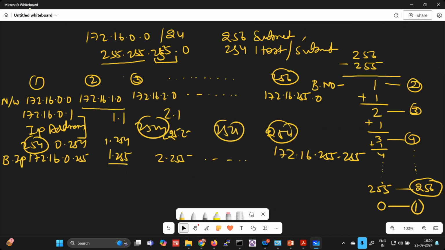Now these subnets are independent. Each subnet has its own network address and its own broadcast address. And all these subnets need to be connected with each other with the help of a routing device or VLAN method.